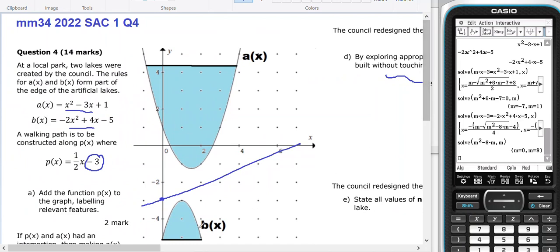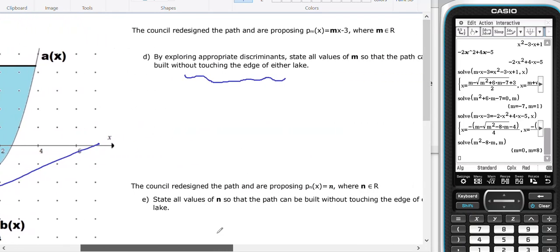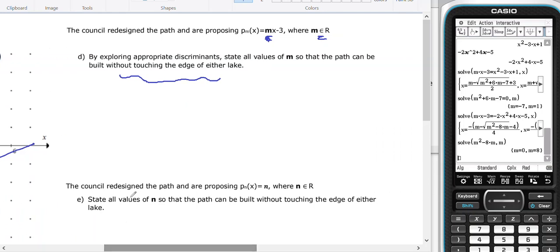And the question I'm interested in really is when it changes to mx -3, where m can be any particular value. So without going into too much detail, exploring the discriminant so that the paths cross each other. Okay, so if I look at one of the parabolas equal to, so this is a of x equal to the straight line, I get this discriminant.